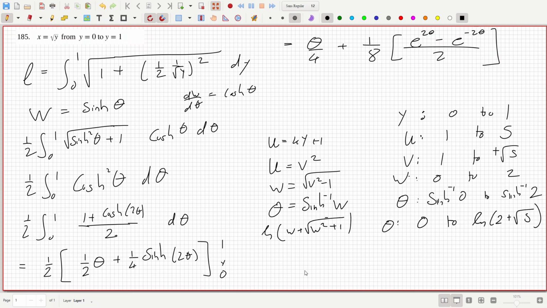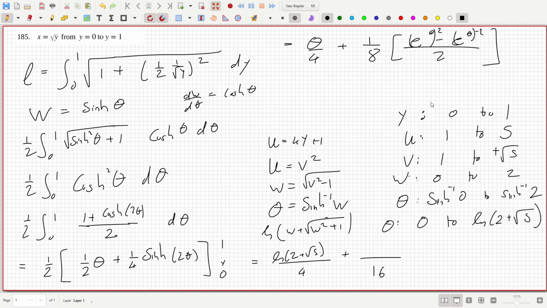So let's put that in first. So that would be log 2 plus root 5 over 4, plus over 16, e power. So you could take the 2 out, and just say it's e theta squared, and take the minus 2 out, minus 2 there.